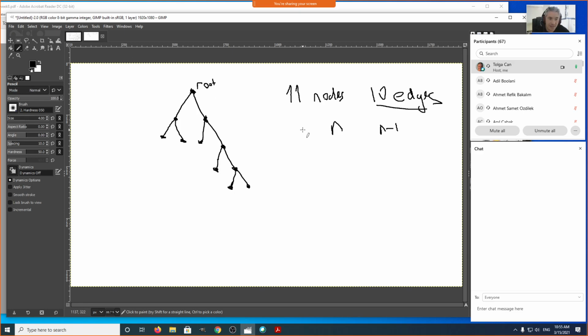But if you look at just the nodes and the edges, a graph is nothing but a set of vertices and a set of edges. In our set of vertices, these will be just these nodes n1, n2, all the way to n11. I'm labeling them randomly, maybe this is n3.